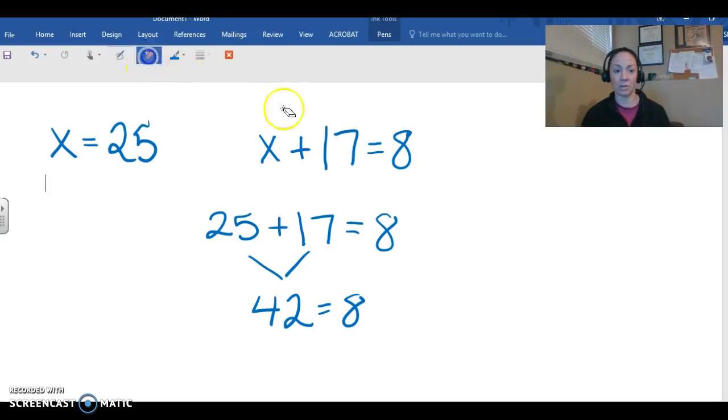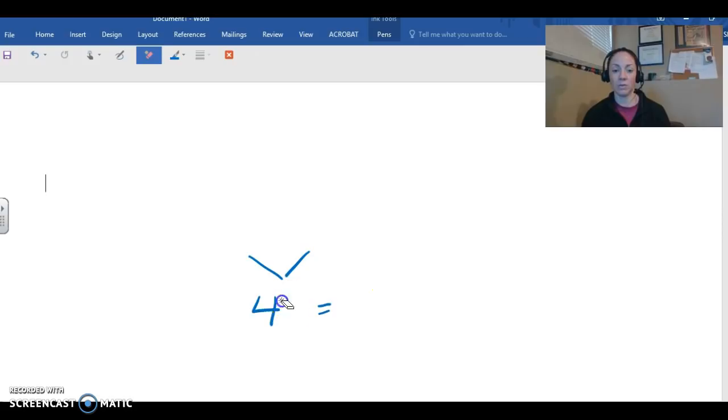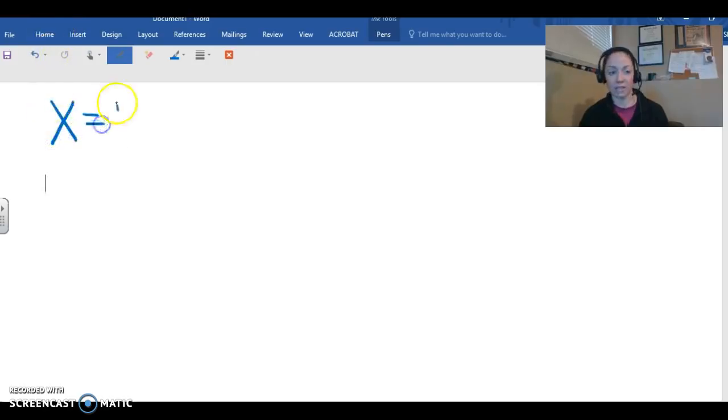Let's try another one though, see if we can get any of these correct. Let's get rid of all of this old stuff. All right, so how about this one? Let's say x equals 16, and is that the correct solution for the equation x minus 12 equals 4?